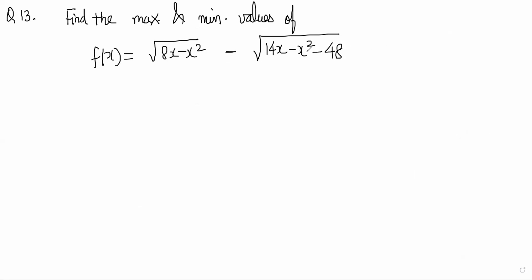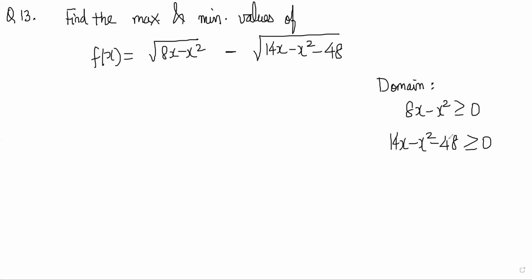So first thing that we will do here is look at the domain of this function. Domain will be the intersection of 8x minus x squared greater than equal to 0, and also 14x minus x squared minus 48 is greater than equal to 0. You can solve this yourself and you will get that x belongs to 6 to 8.